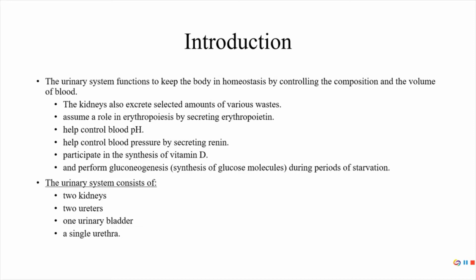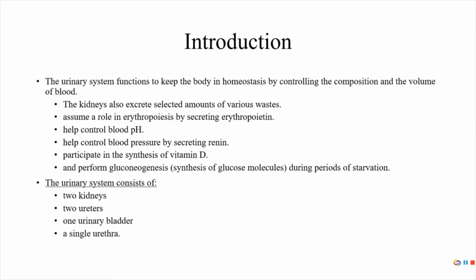It's also involved in gluconeogenesis, sometimes called neoglucogenesis. This is when you make sugar molecules. You can take molecules that come to the kidney and biochemically rearrange them into glucose, especially when you're starving. So it does gluconeogenesis during starvation.